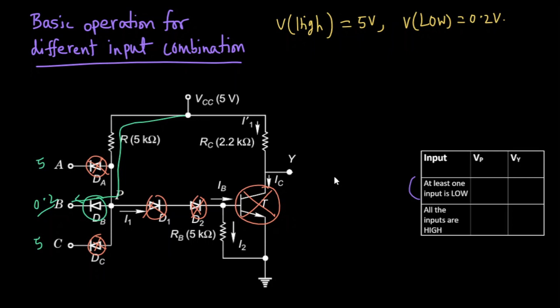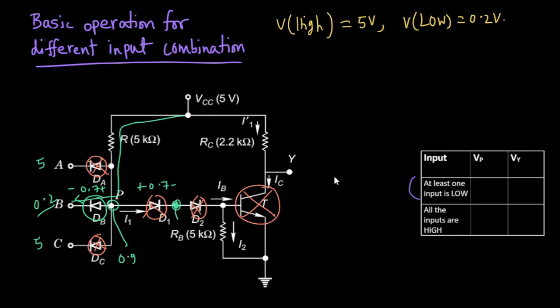The diode DB is on, so there is a 0.7 volt voltage drop across the DB diode. So the node voltage of P would be 0.7 volt higher than the node voltage of B, so the node voltage of P would be 0.9 volt. Now suppose that the diode D1 is on, so there will be a 0.7 volt voltage drop across the diode D1. So what will be the node voltage of this node?